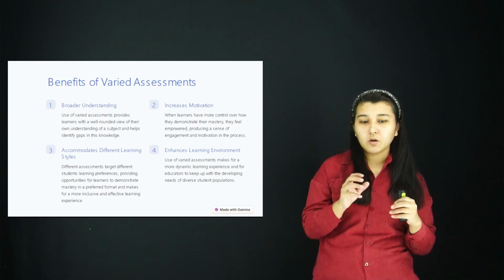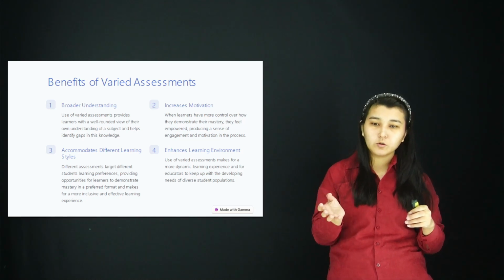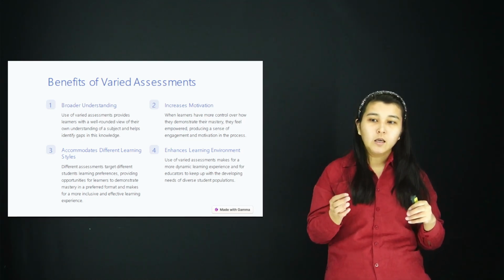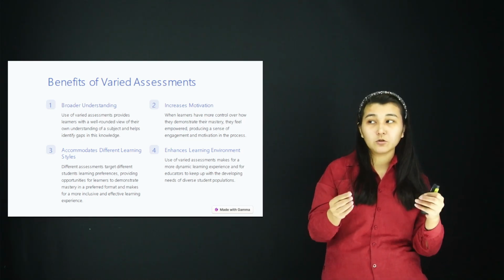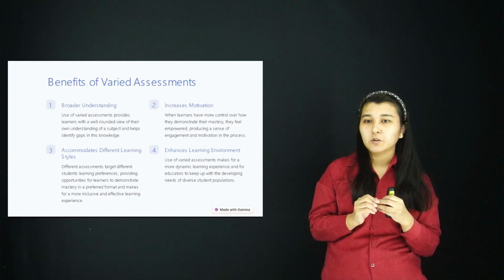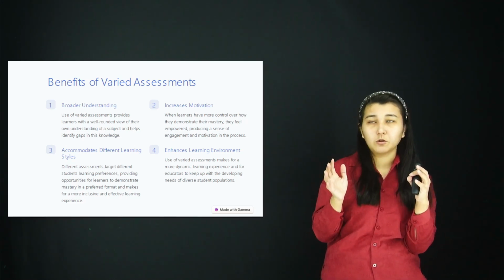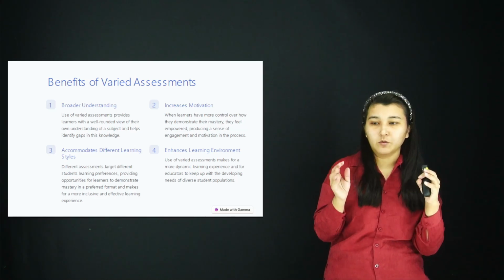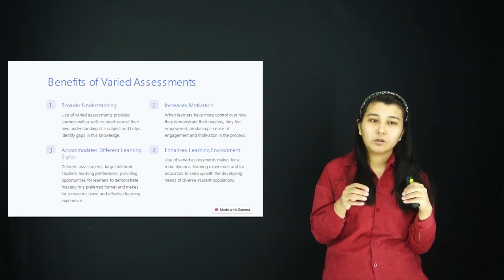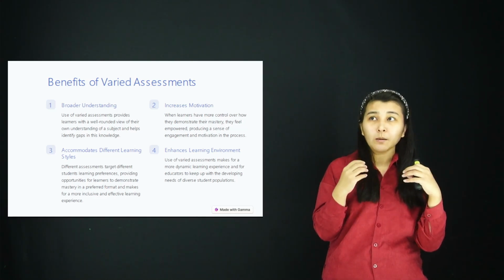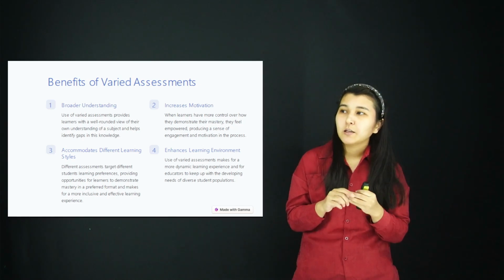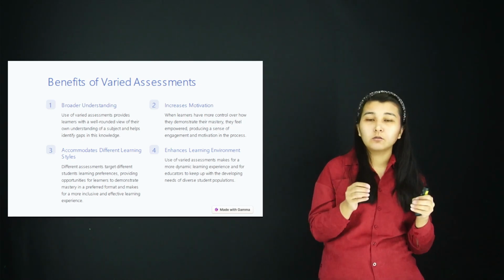For example, we can have one student who is a visual learner. When you bring some pictures of new vocabulary, this kind of pupil can learn something better.